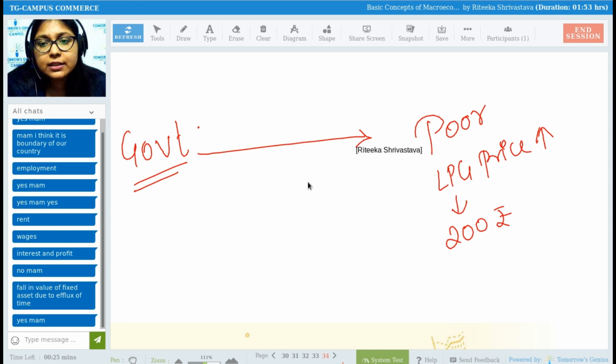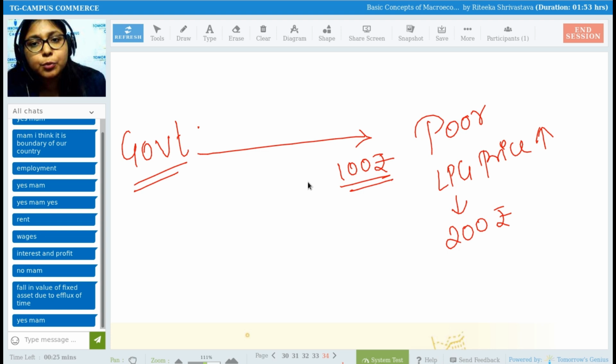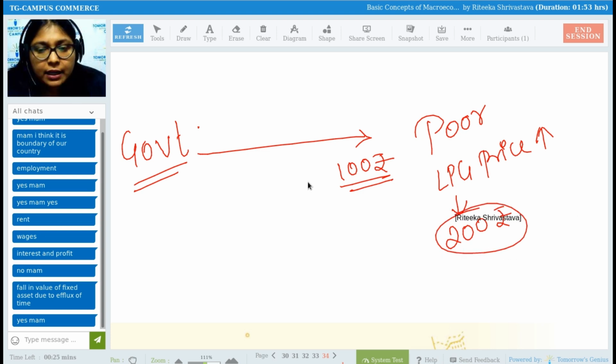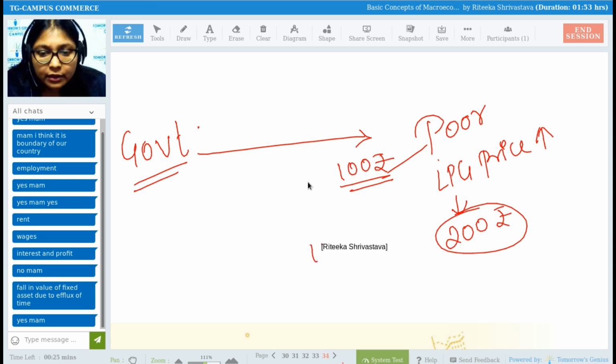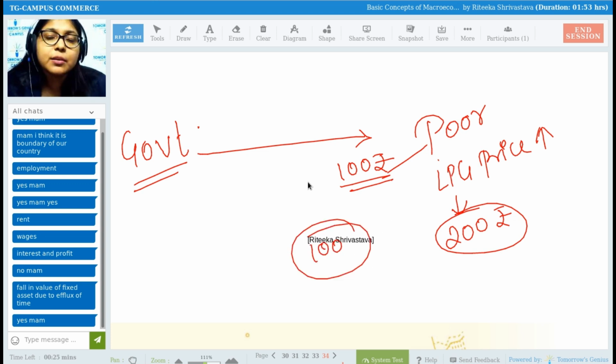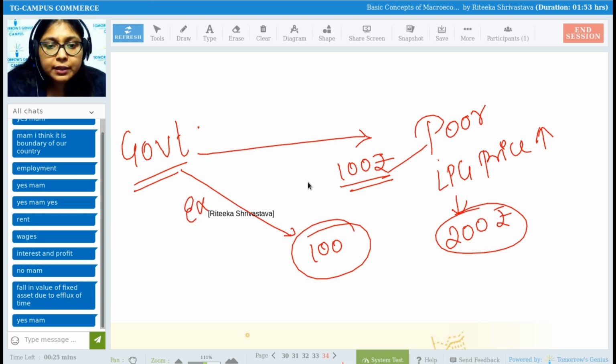Government says, okay fine, since you all are poor, instead of 200 rupees, I will give you the same LPG gas for 100 rupees. So this is the subsidy which the government is providing to the poor. The actual value is 200 rupees, but poor people are paying only 100. Then what about the remaining 100? This remaining 100 will be paid by the government for those poor people. So for the government, this is an expenditure.